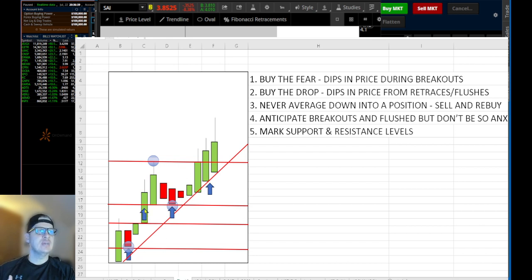And again, let's say we're looking at a 1 minute time frame here. As this price action moves up, it's not going to go all the way from 0 to 100 and then stop, right? It's going to jerk up and down. It's going to extend and retrace. So what we're doing here is we're buying the fear.